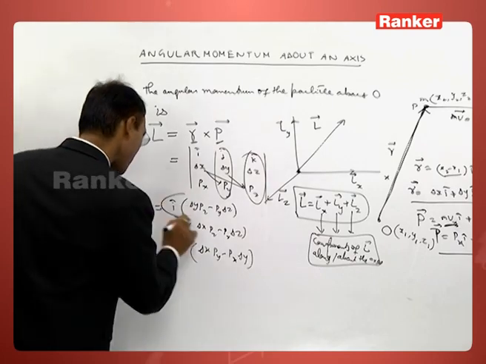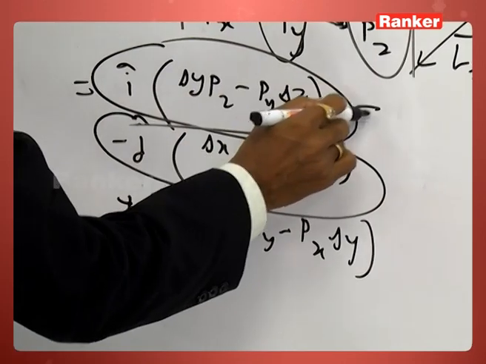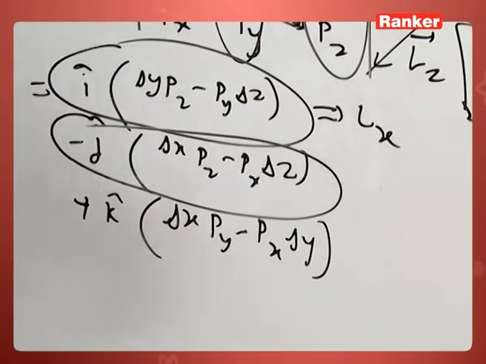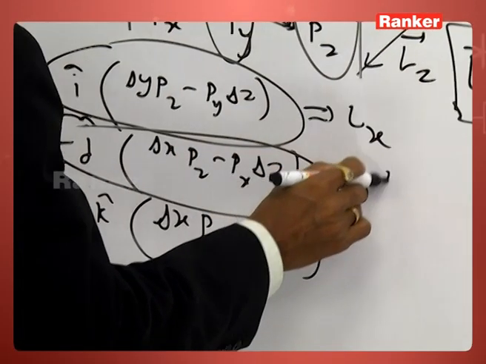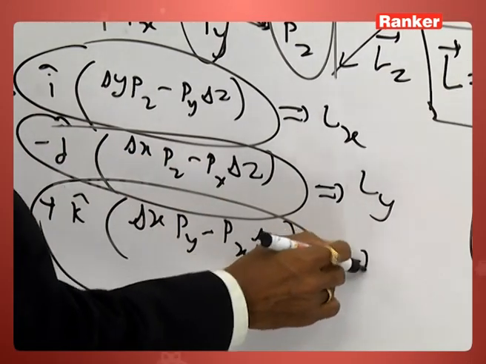So we are getting three components. This is the x component, this is Lx. This is the y component, this is Ly. And this is the z component, this is Lz.